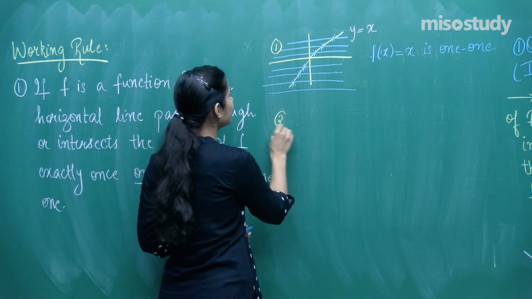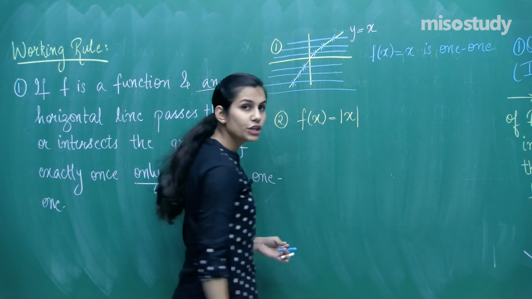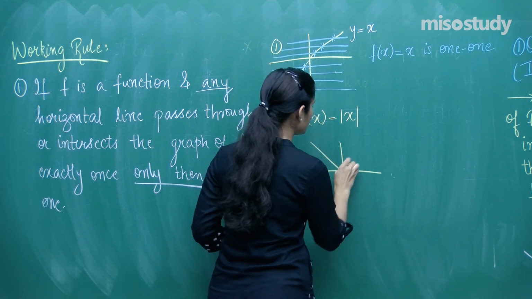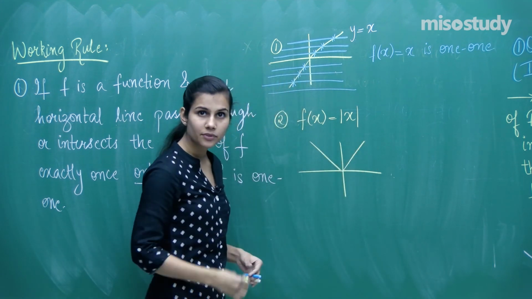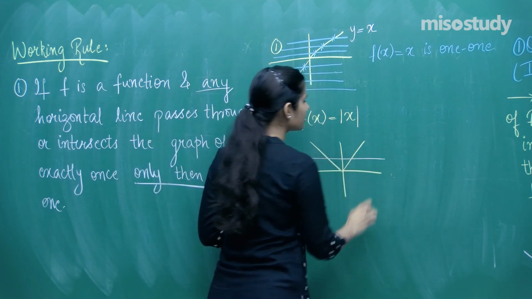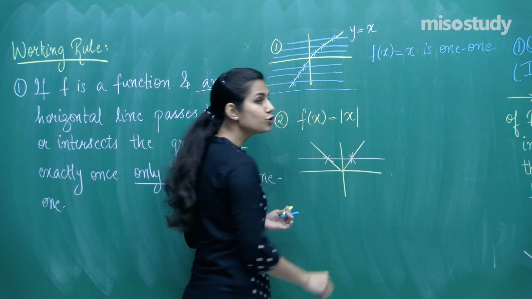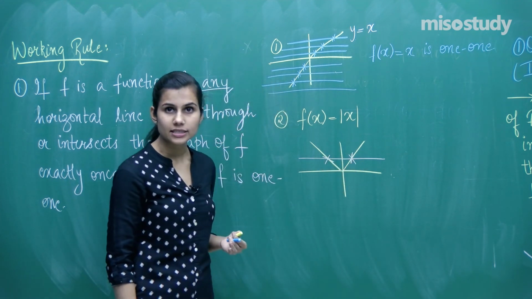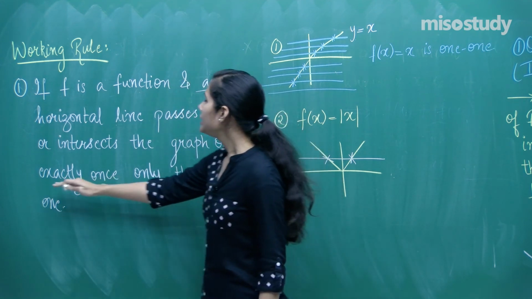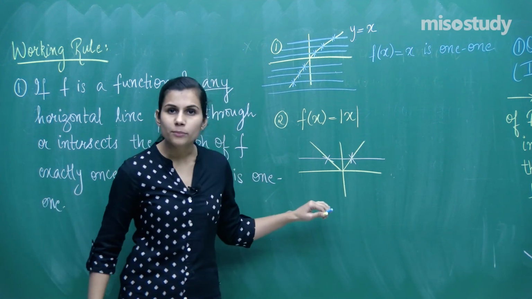But on the other hand, if I talk about f(x) = |x|, the graph turns out to be this. Pick any horizontal line like this. It is intersecting the graph at two distinct points. But my definition and test said that it should intersect the graph exactly once, not at all or more than once.